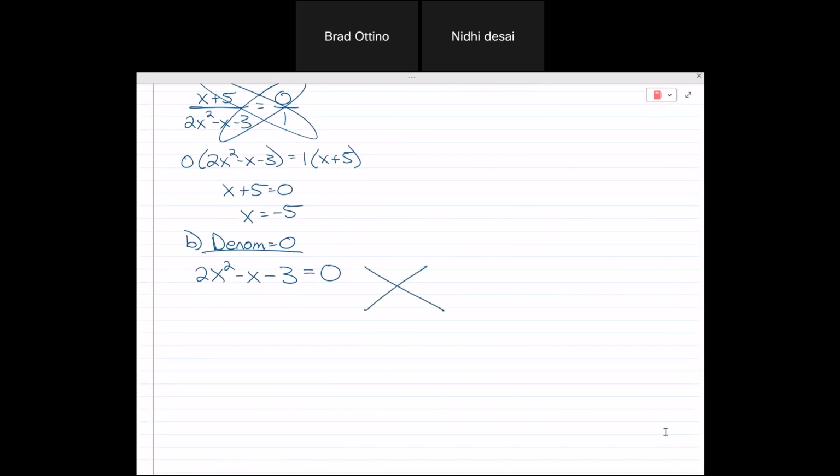We spent a lot of time on factoring, so the way we do factoring is we make an x like this. We do 2 times negative 3. And we need numbers that multiply to be negative 6 and add up to be negative 1. So we could use negative 3 and positive 2. So we'll just write 2x squared minus 3x plus 2x minus 3, and just factor like we usually do.